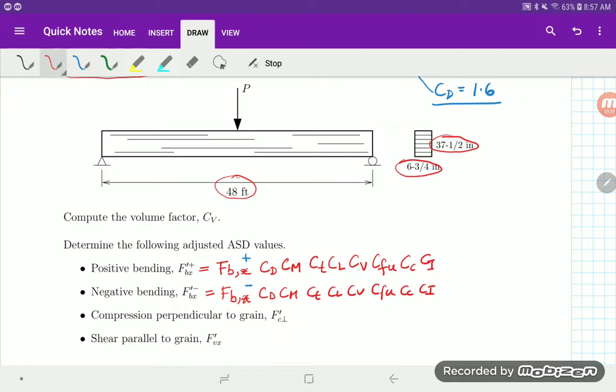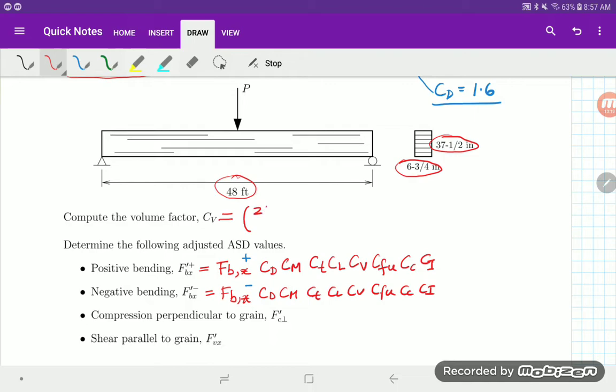One of them is the C sub V, and let's start by looking at that one first. For C sub V, I'll make use of this little space here. That's the one I saw at the end of the previous lecture, which has to do with the reference length. The equation is a pretty long one, I'll write it here for you.